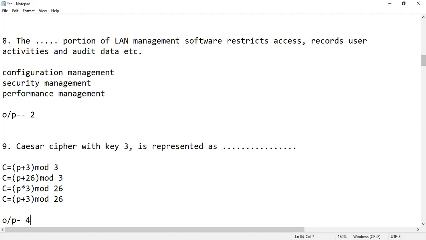Time and space complexity are both O of n. So with key 3, the answer will be C equals P plus 3 mod 26.